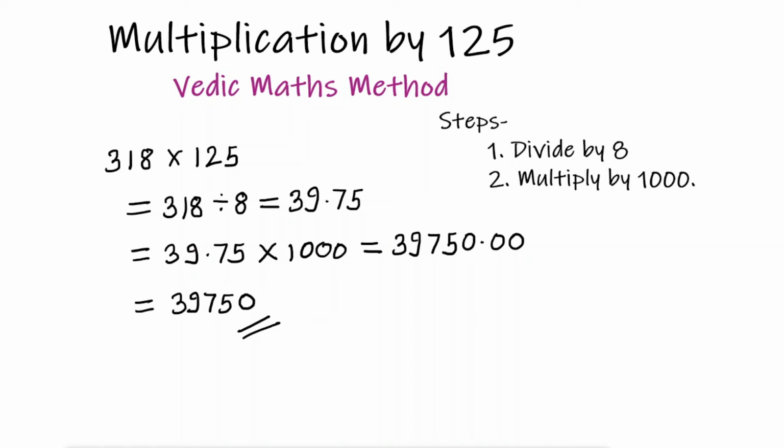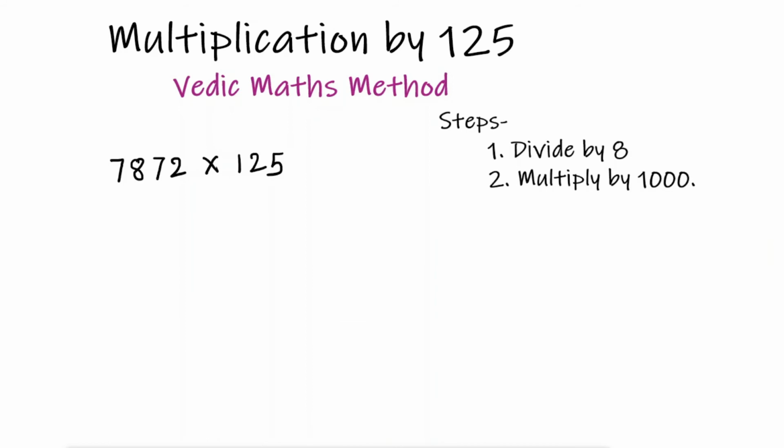Let's take another example. 7,872 multiplied by 125. Let's solve quickly. First step is divide by 8. So 7,872 divided by 8. Quickly we have to do the division. The answer is 984.